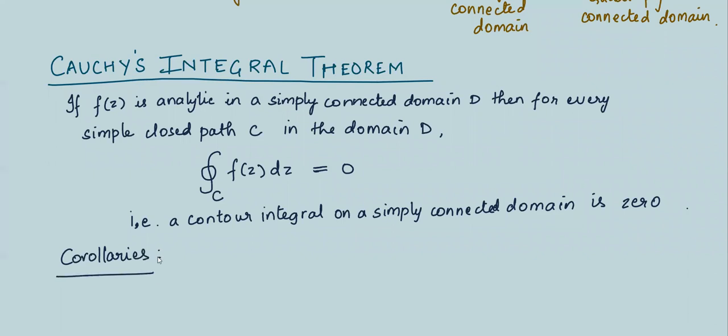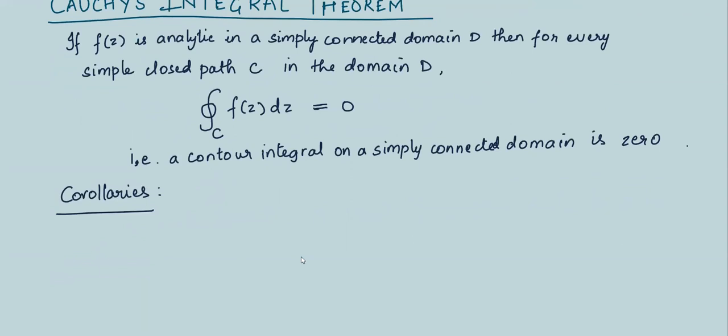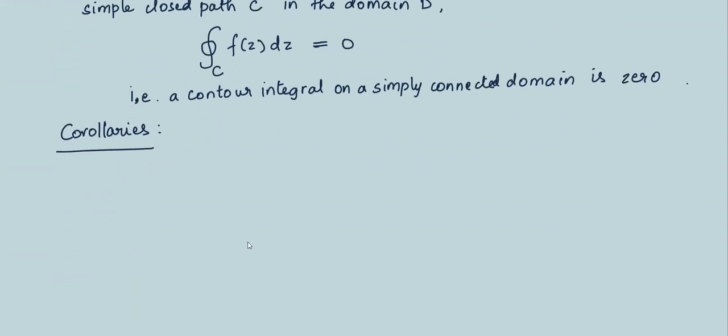That means because of this theorem, what is the consequence? This is extremely important. Independence of path.